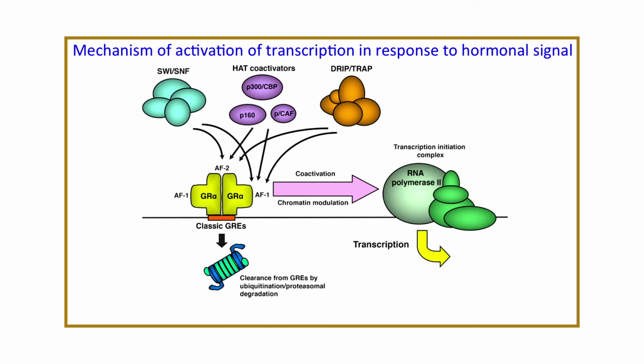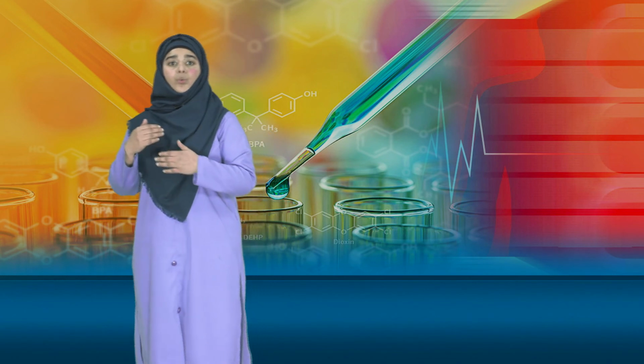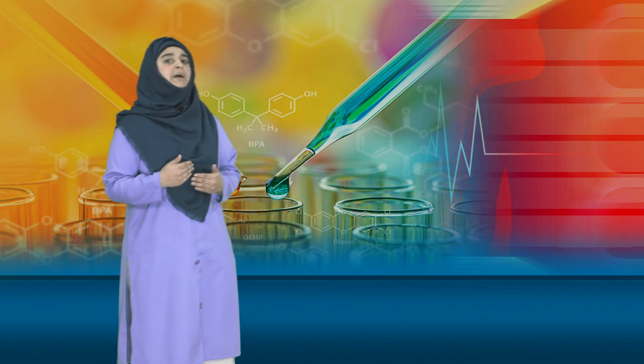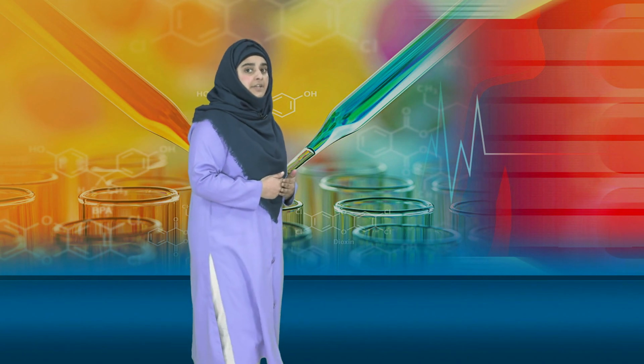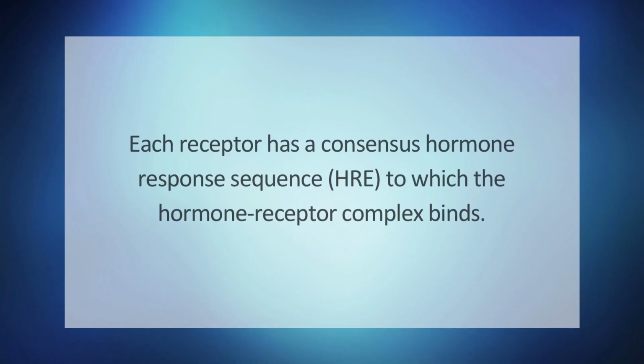Acting at these sites, the receptors act as transcription activators, recruiting co-activators and DNA polymerases with their associated transcription factors to trigger transcription of the gene. The DNA sequences to which hormone receptor complexes bind are similar in length and arrangement but differ in sequence for the various steroid hormones. Each receptor has a consensus hormone response sequence to which the hormone receptor complex binds.